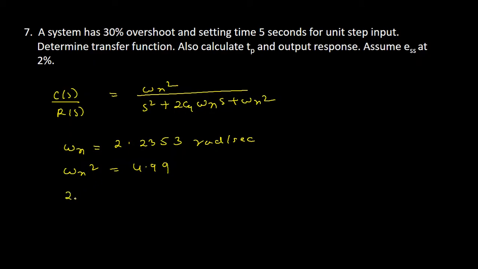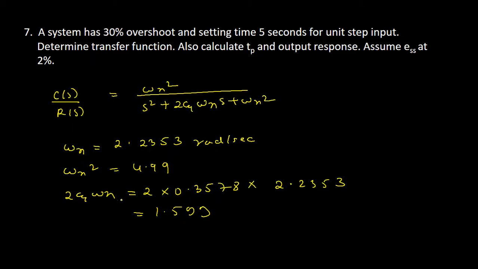Now we have to find out 2 zeta omega n. 2 zeta omega n will be equal to 2 into 0.3578 into 2.2353. From here we will get 1.599. Now we put the values of omega n square and 2 zeta omega n in this equation. We will get C(s) by R(s) is equal to 4.99 divided by s square plus 1.599 s plus 4.99. So this is the equation of the required transfer function.